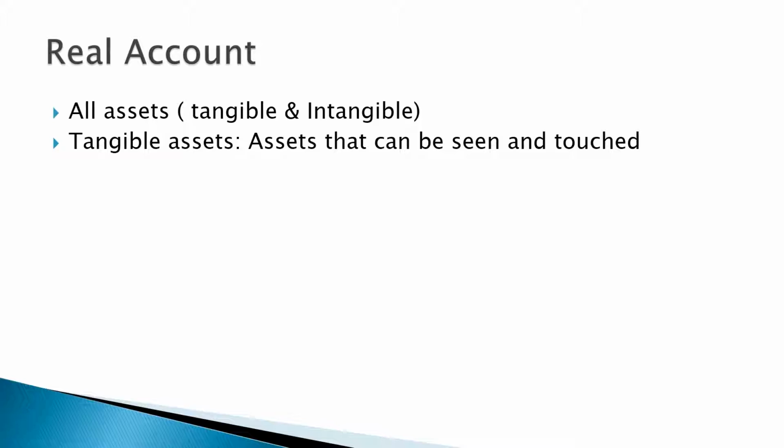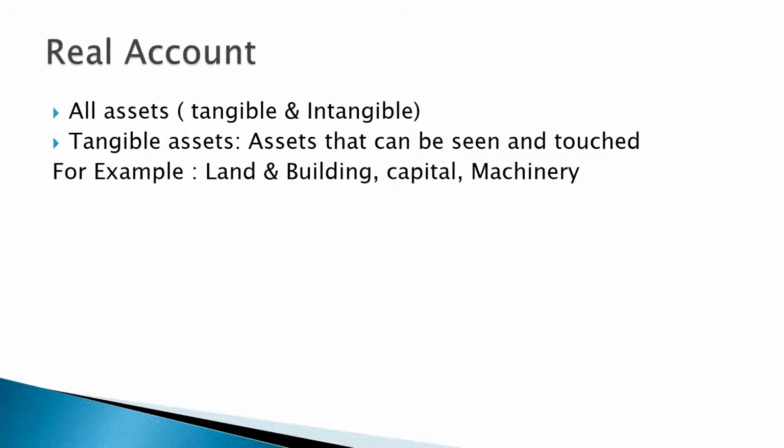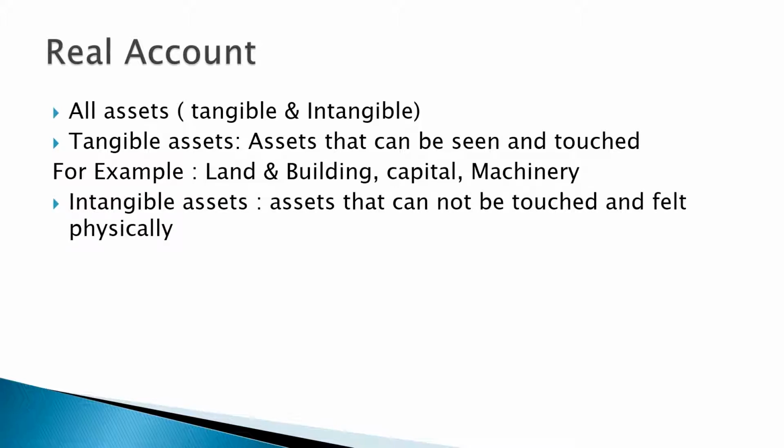A few examples of tangible real accounts are building, machinery, stock, land, etc. Intangible real accounts are related to things that cannot be touched and felt physically. A few examples of such real accounts are goodwill, patents, trademarks, etc.